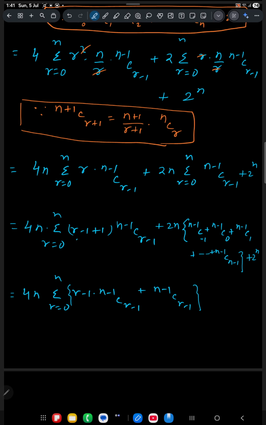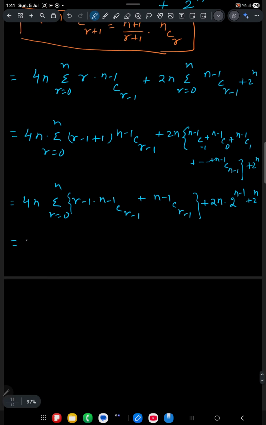This bracket has been opened, and then we have multiplied by (n-1)C(r-1), plus this will give you 2 into n into 2 to the power n-1, and the last term is 2 to the power n.